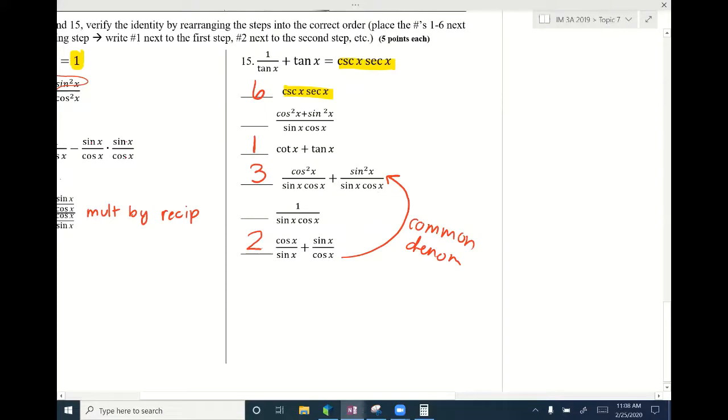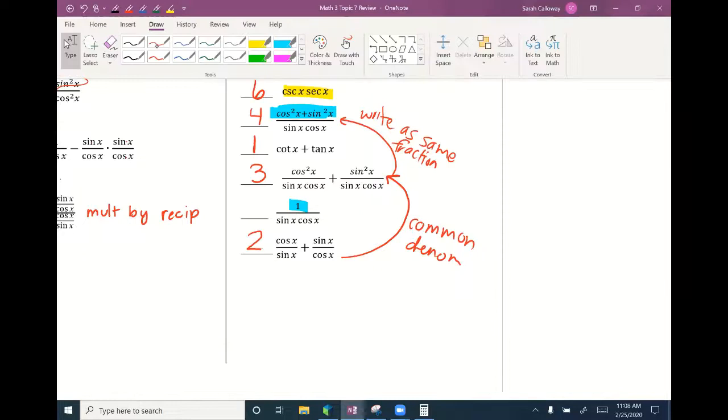When I have a common denominator, then I can bring them together, okay? So now I can write them as the same fraction. And then remember, whenever we have sine squared plus cosine squared, that's the Pythagorean identity. So that turns into 1. Okay? And so that's why this is the 5th step.